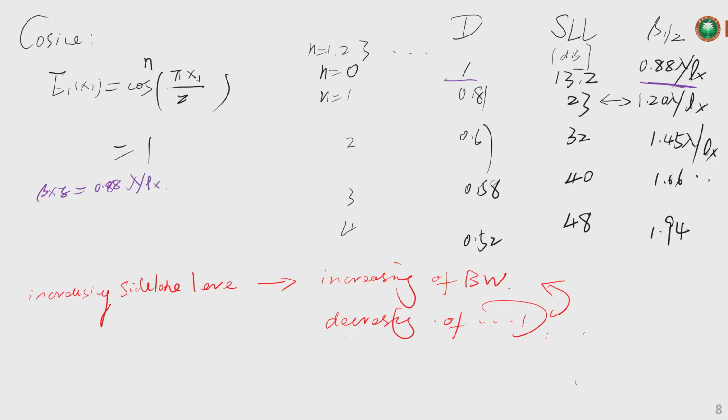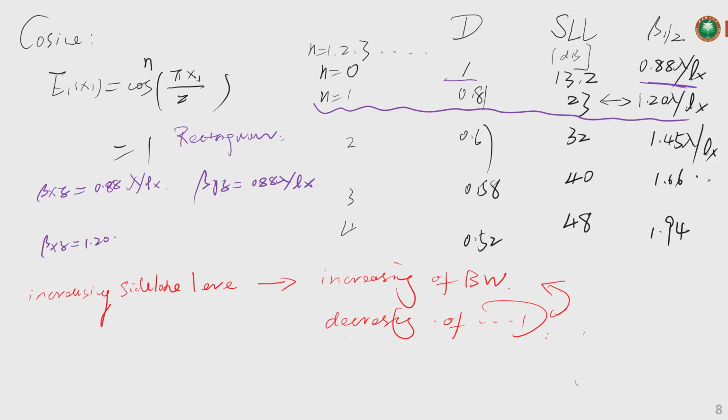So for a rectangular aperture, the beamwidth in y is 0.88 lambda over Ly. But for the cosine tapered aperture, the beamwidth in x is 1.2 lambda over Lx, and likewise for y.